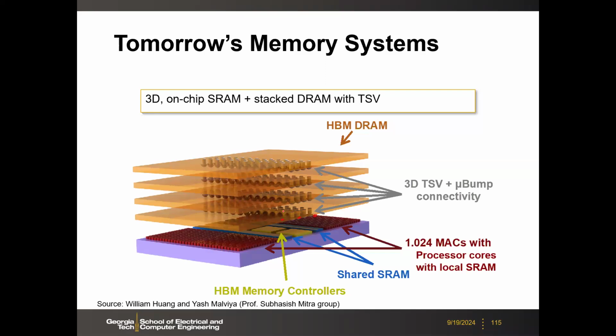The challenge could be thermal, because your processor is so hot, and the temperature will penetrate to the DRAM, and DRAM retention is very sensitive to leakage current. With high temperature, your off current goes up, then DRAM retention will be a problem. So that's why this is not there yet.